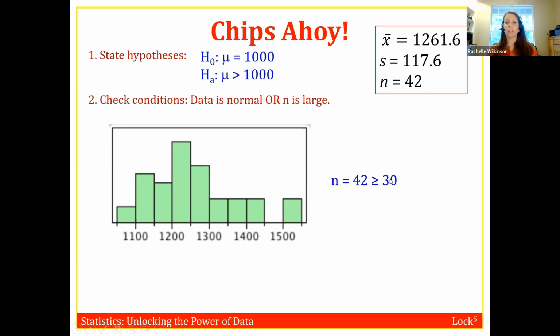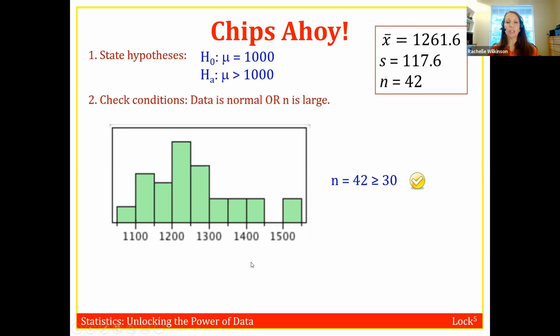Well, we sampled 42 bags, so we are greater than or equal to 30. So even if we decided that this was skewed and didn't meet the condition that way, we do meet the condition with the large sample size. So overall, we meet the conditions. Remember, only one of those things has to be true.